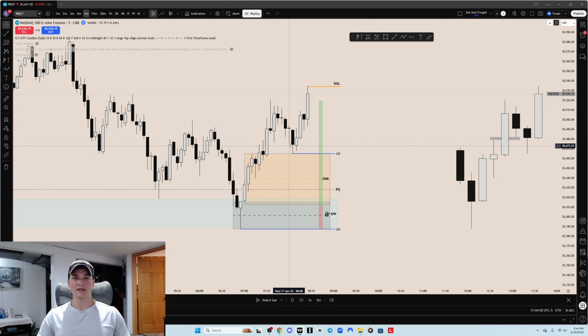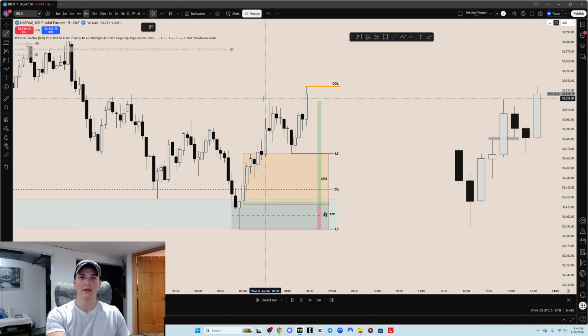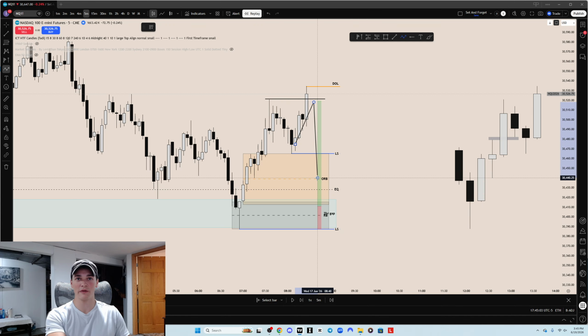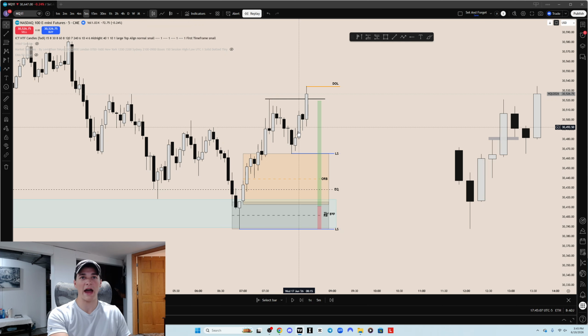Instead, we stopped here, had another move up, and since we broke this high here, this is a clean liquidity sweep level. If price just pulled up like this and didn't break this high and then reversed, this would not be a clean liquidity sweep level. You want to see the very high be broken and a candle to close above it. Or even a wick. Sometimes you can just have a wick above it.